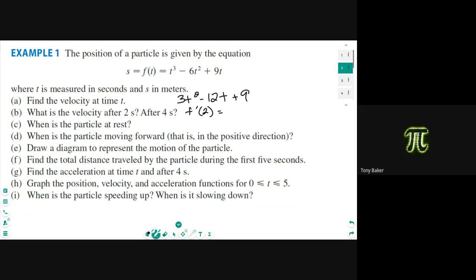You're just going to plug 2 into that, right? So what do we get? -2. Huh? You're going backwards. Right, that's why it's negative.